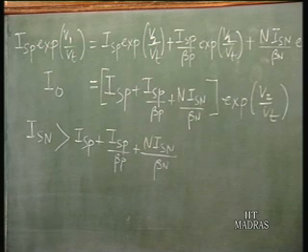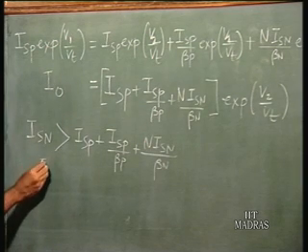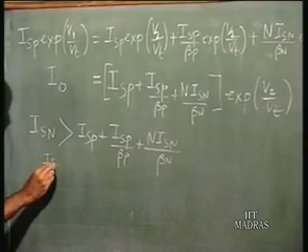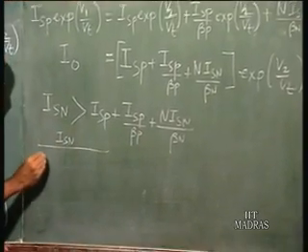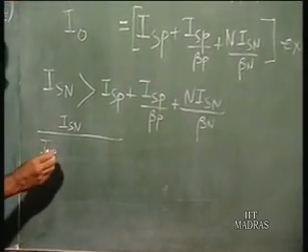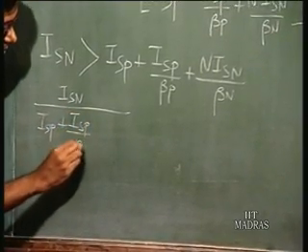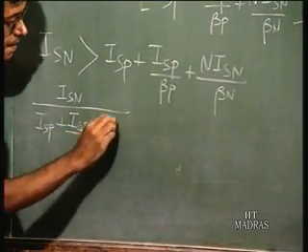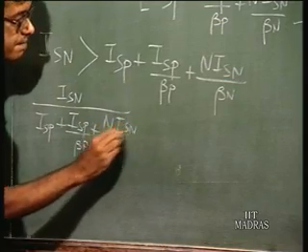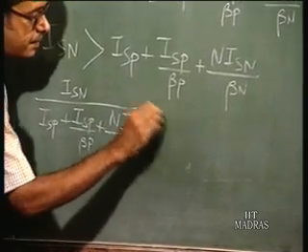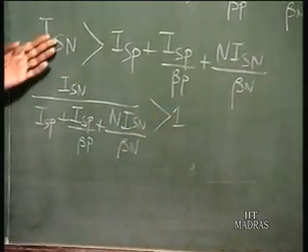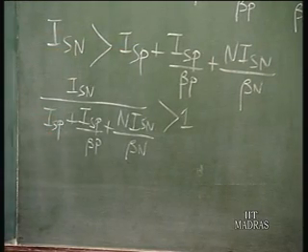Now, we will just do some small manipulation. You can write like this: ISN must be greater than ISP plus ISP by beta p plus NISN by beta n, so this divided by this must be greater than 1.